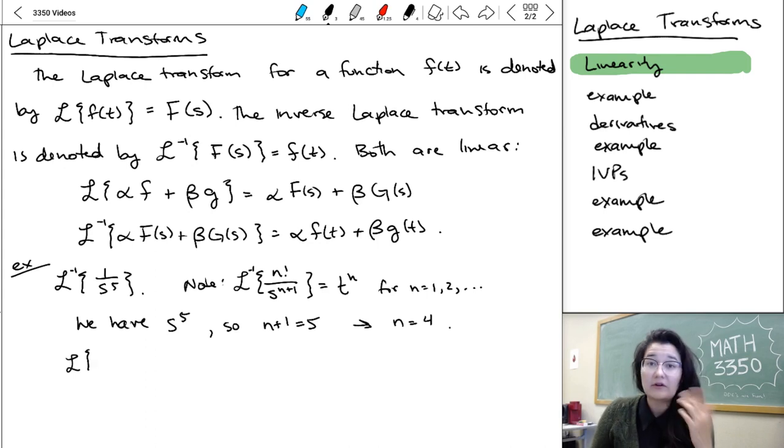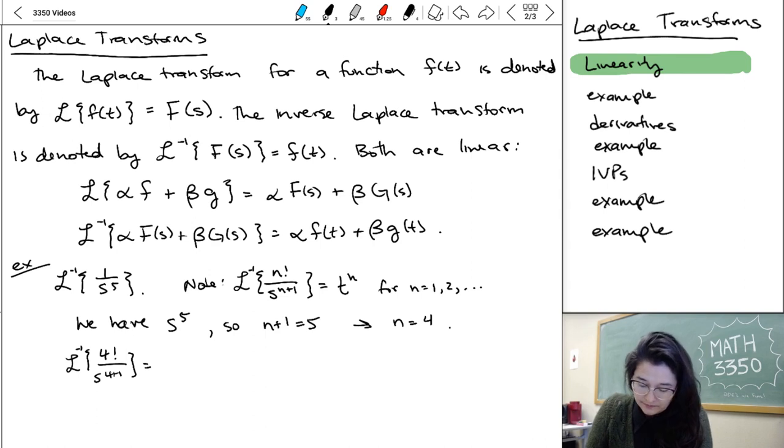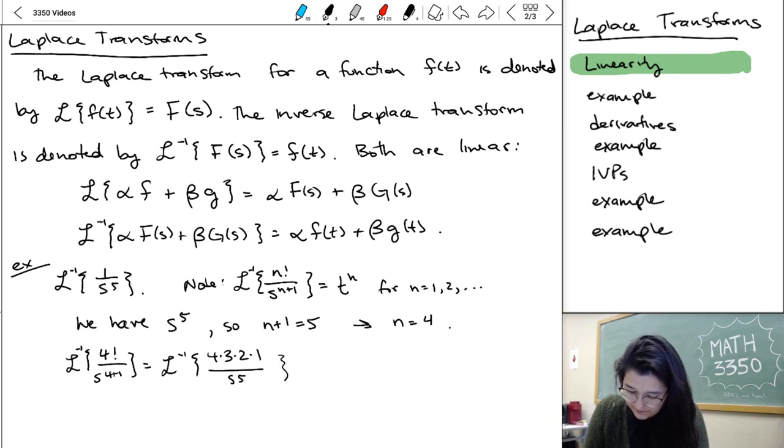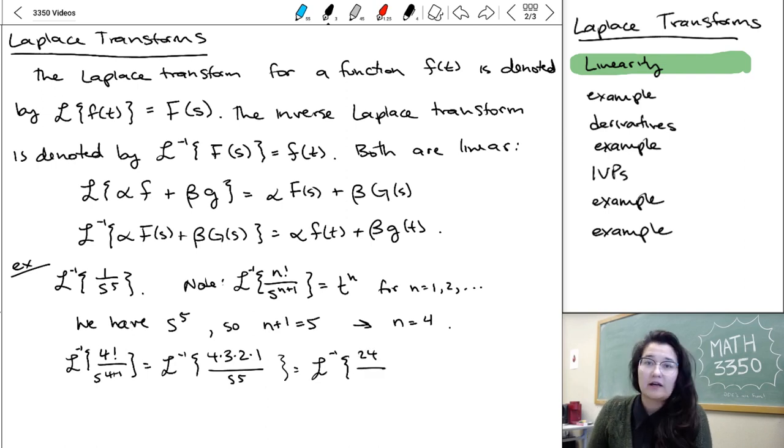So for the specific function that this seems to look like, the property I know is that L inverse of 4 factorial over s to the 4 plus 1, which is 4 times 3 times 2 times 1 over s to the 5, is L inverse of 24 over s to the 5th. 4 times 3 is 12, times 2 is 24.